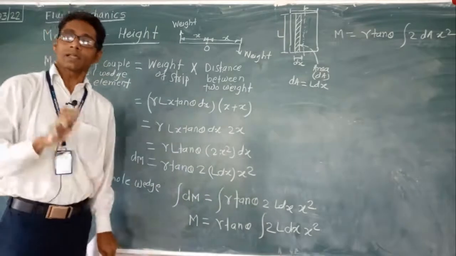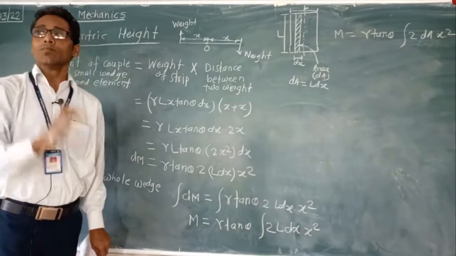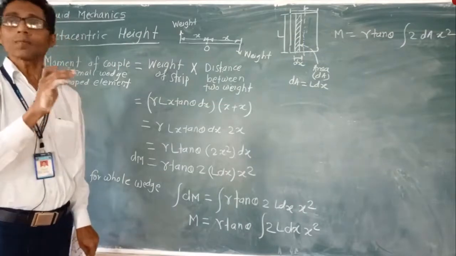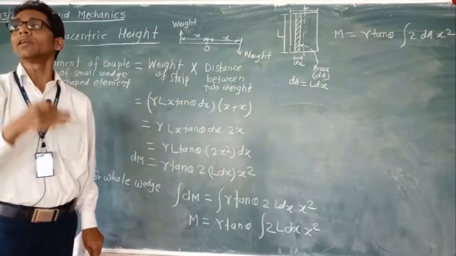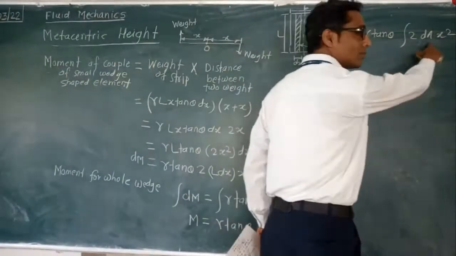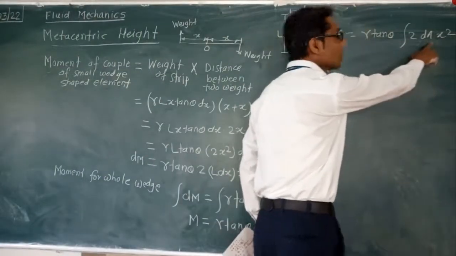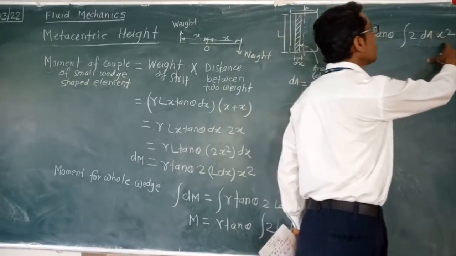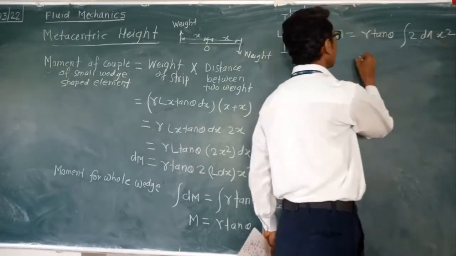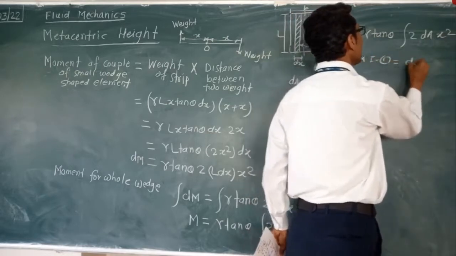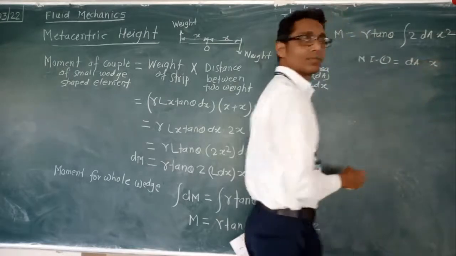So what is the moment of inertia definition? First, moment of area means area into distance. Area is dA, into distance x, that is the moment of area, the first moment, MI1.